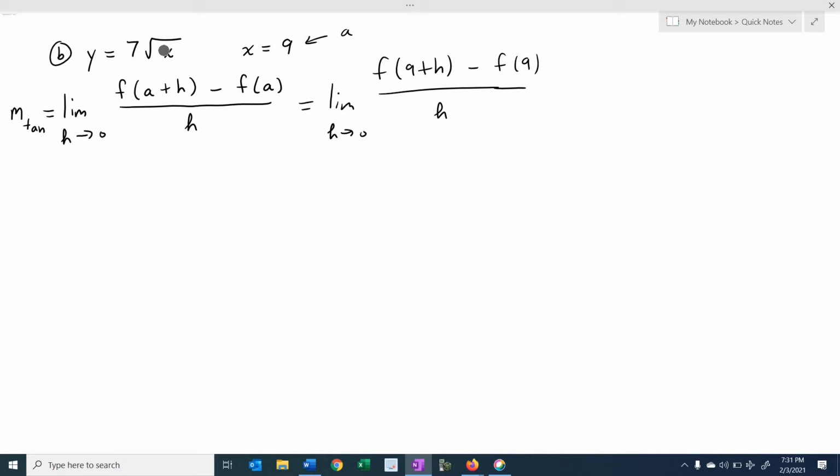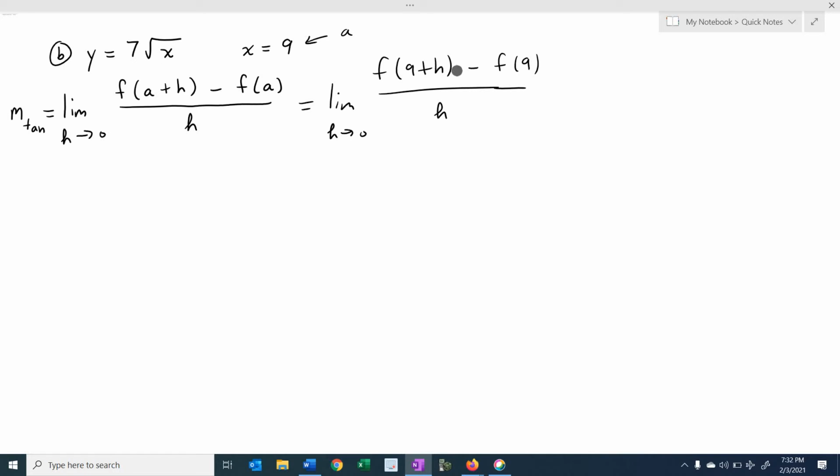Okay, and of course f of 9, you plug a 9 into here and you get 21, which we've already done. But then what's f of 9 plus h? Okay, well, remember what this function does is whatever you put into it, it takes the square root of it and then multiplies it by 7. So the thing we're plugging into this function here is 9 plus h.